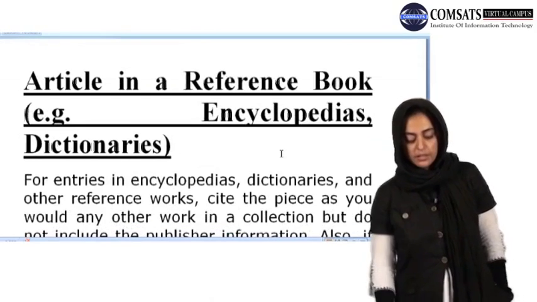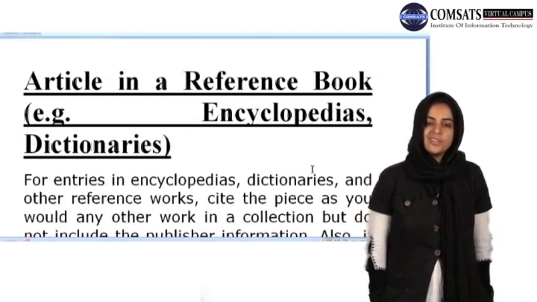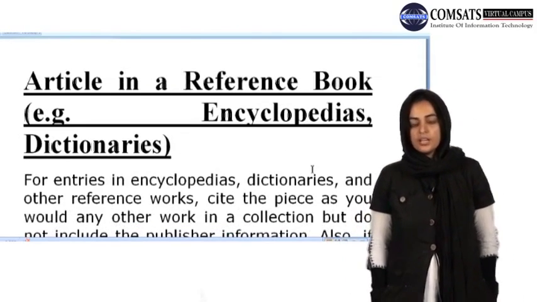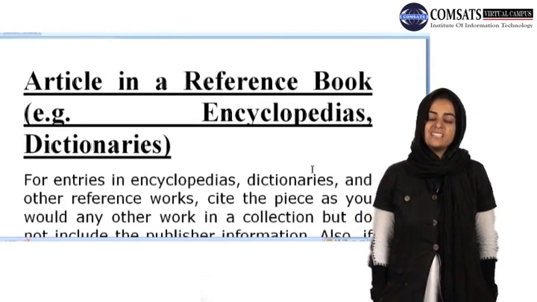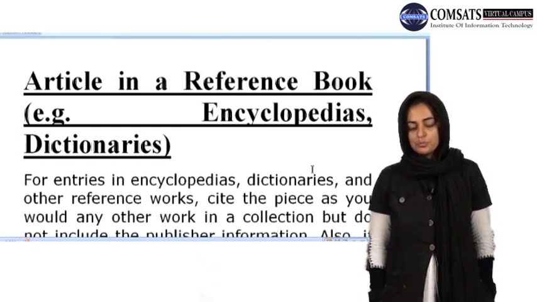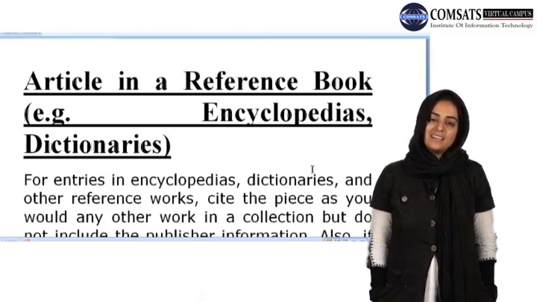Okay dear students, today we are going to start with some new situations in which we will be discussing with each other how to create the detailed reference for the works cited page through the MLA referencing style.